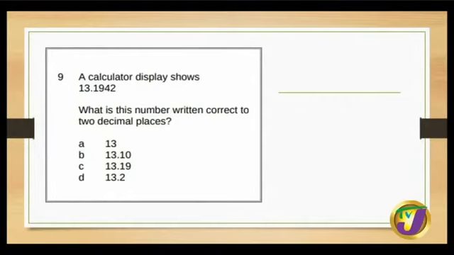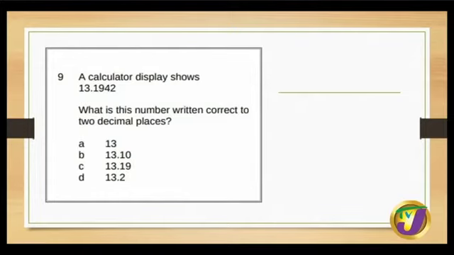Next question. A calculator display shows 13.1942. What is the number written correct to 2 decimal places? Now we did a similar question to this. Now let's look at this one. It has 4 digits in the decimal place, so we're rounding off to the second decimal place.